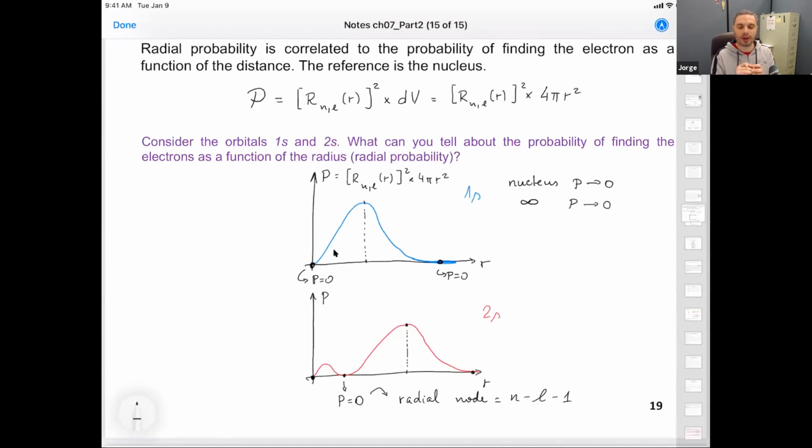Therefore, 1s orbitals do not have any radial nodes. However, when we move to a 2s orbital, now n equals 2, L is still 0, minus 1 gives us 1 radial node. And it is right here in the graph.